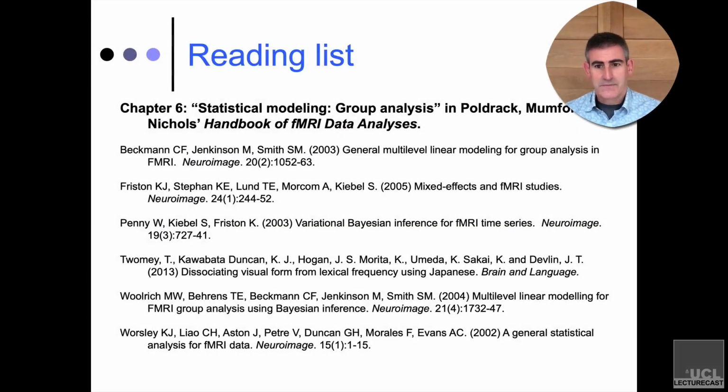As always, a bit of a reading list. Yeah, and the Tai Toomey paper is there. I thought it was. But some of these papers are seriously dense. Tai's paper isn't; it's more about the cognitive neuroscience. But for instance, there's this Christian Beckmann paper about general multi-level linear modeling and the Karl Friston paper about mixed effects in fMRI. Those two papers are really challenging, but absolutely worth your time trying to work through in as much detail as you can.